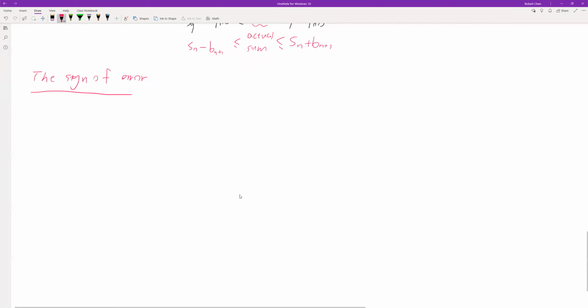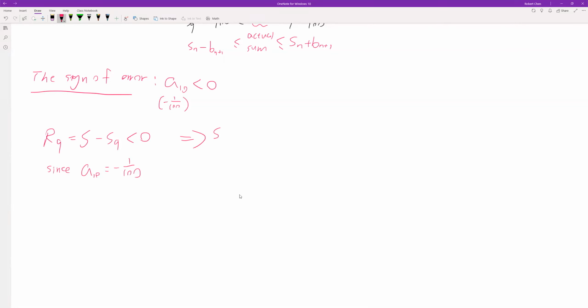Let's write it down. The first omitted term is A10, which is negative 1/100. So R9 is equal to S minus S9, which is negative, since A10 is negative 1/100.